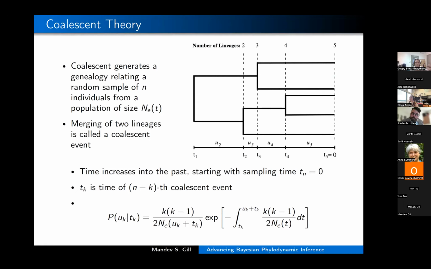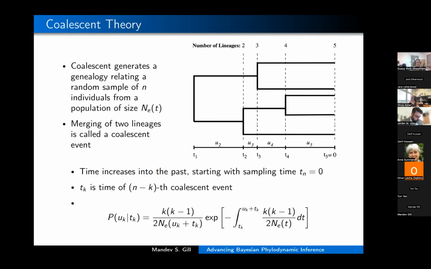So the coalescent starts at the sampling time and proceeds backwards in time, moving from right to left here, successively merging lineages until all lineages have merged and we reach the most recent common ancestor of the sample, or the root of the genealogy.